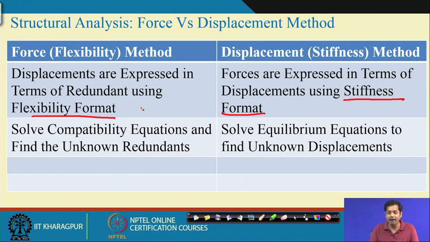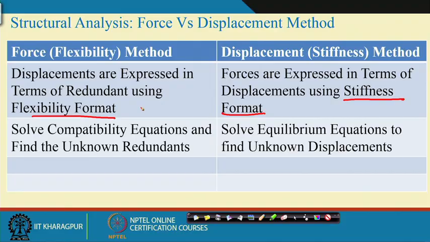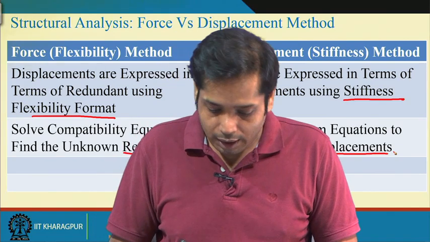Then the next step is solving a system of linear equations. In the force-based method we solve for the redundant forces, and in the displacement-based method we solve for the unknown displacements. Once we have solved for them, the rest becomes straightforward: substituting those unknown additional forces into the static equilibrium equations and solving.